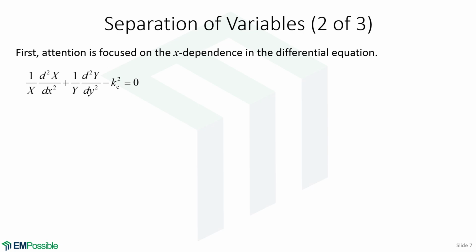So here's a new differential equation for us to solve. Let's first focus on the x dependence in this differential equation. So we're focusing on this term, which really means the rest of this stuff inside the differential equation is just a constant.